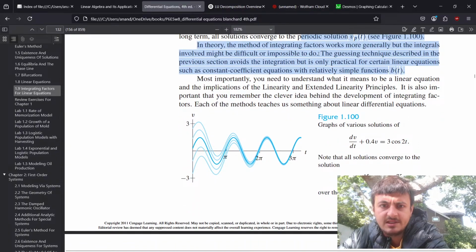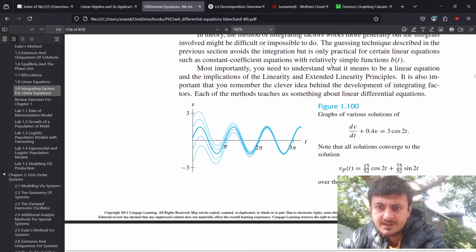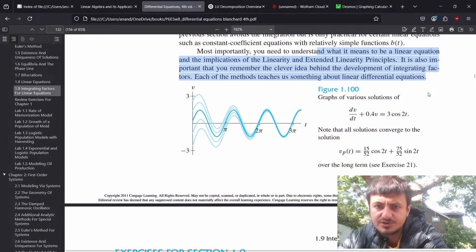So the guessing technique avoids the integration, but is only practical for certain equations. Most importantly, you need to understand what it means to be a linear equation and the implications of the linearity principles. It's also important that you remember the clever idea behind the development of integrating factors. Integrating factors is so clever.